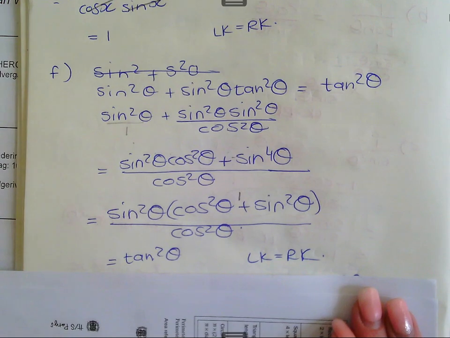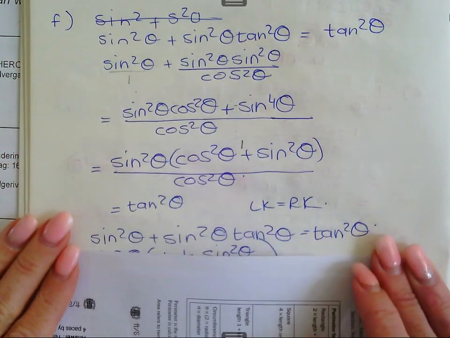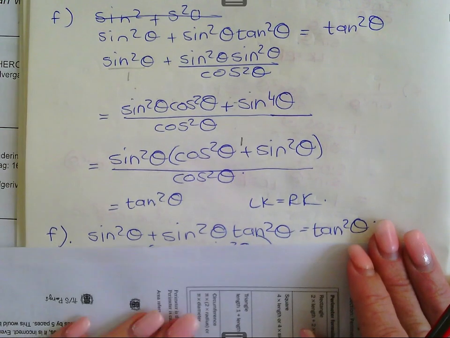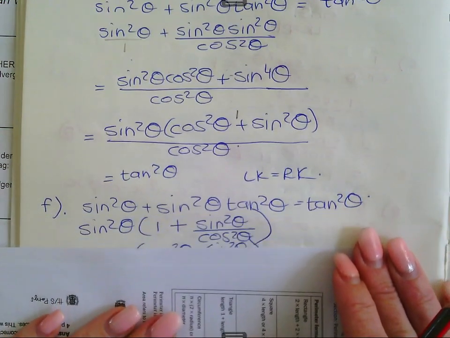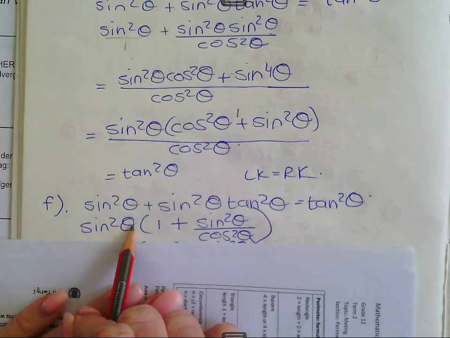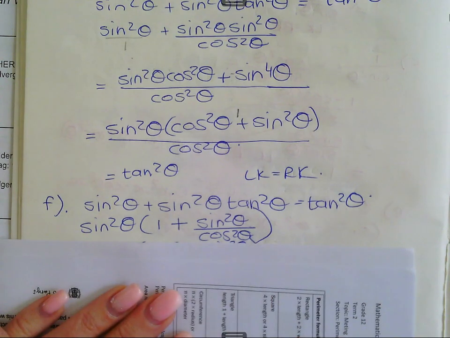But sometimes starting with the one thing, we end up getting something that looks a bit simpler. That's easier to understand, but there's not a specific right or a wrong way. So just for this specific sum, I'm also going to show you the other method. I'm not going to do it with all of them, okay? So if you took out something in common here, this is what it would look like. I take out the sin squared theta, then I'd have 1 plus sin squared theta over cos squared theta.